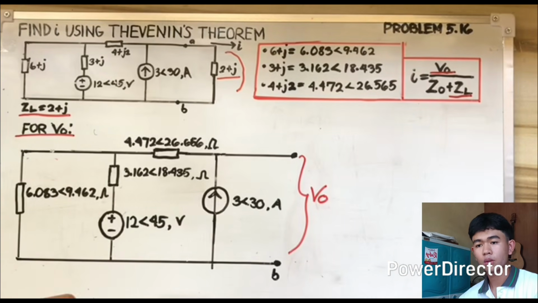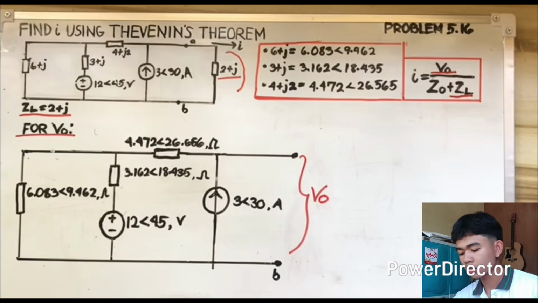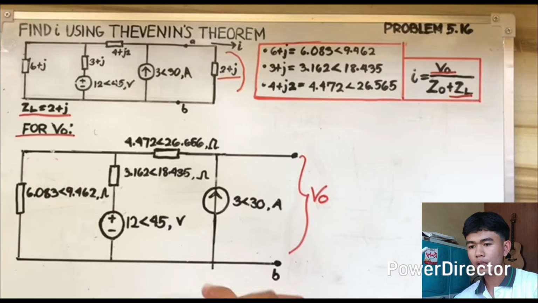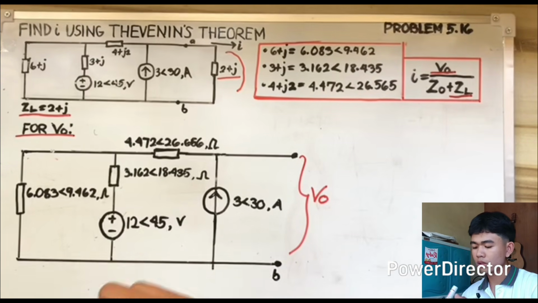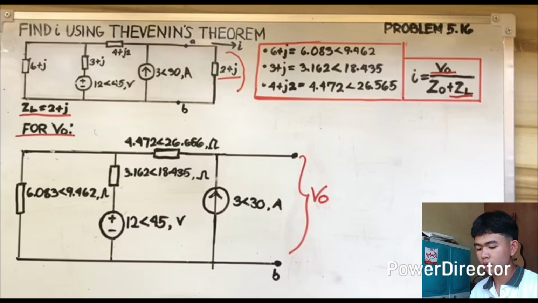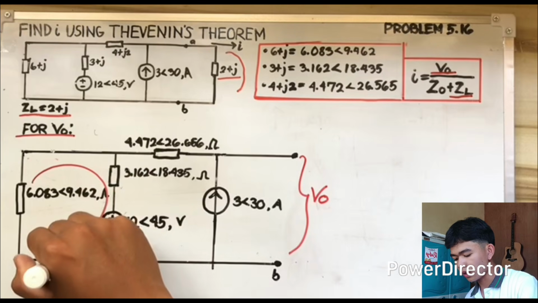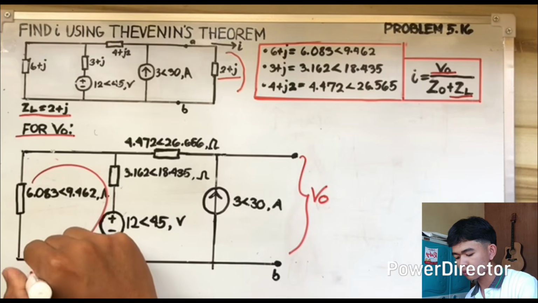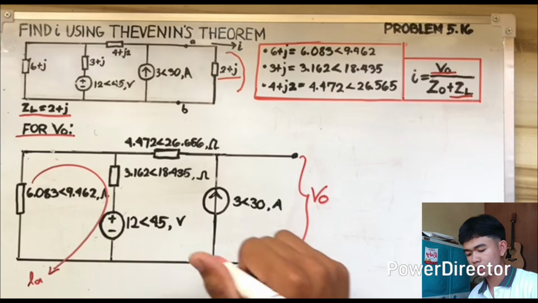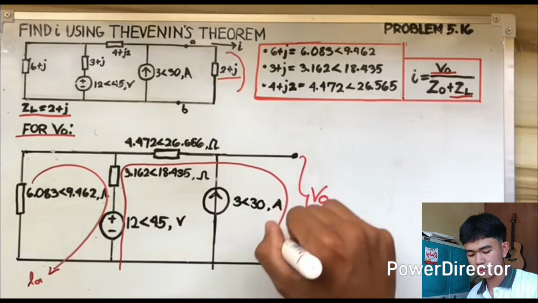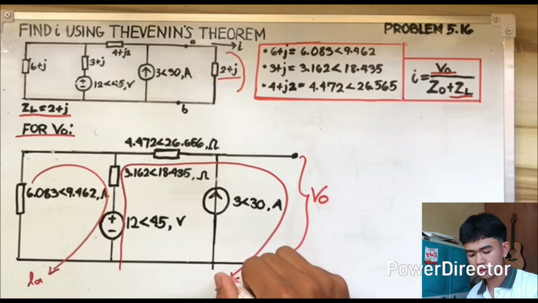We can solve the V sub O by loop analysis, with a loop A in this part and loop X in this part.